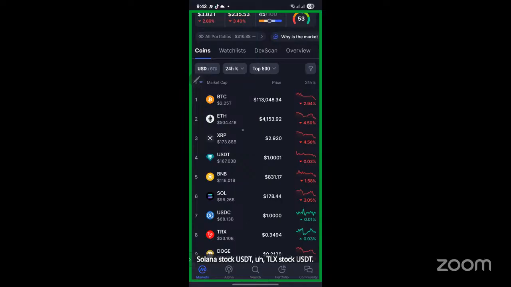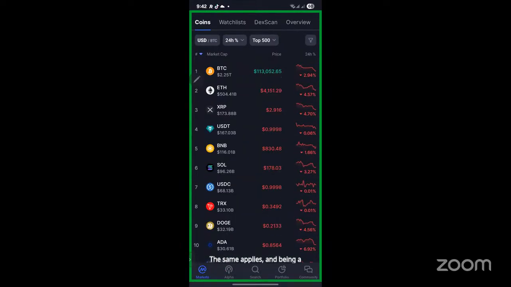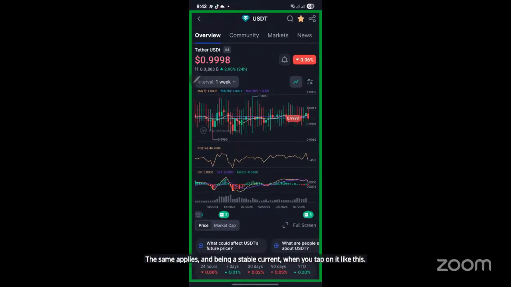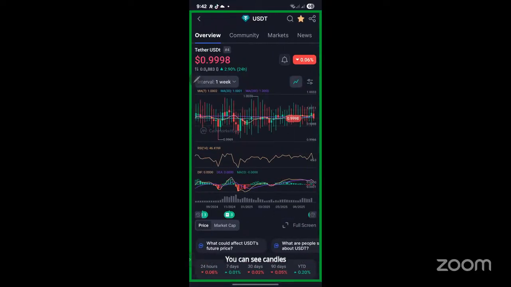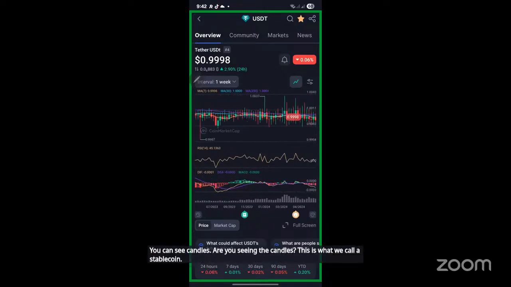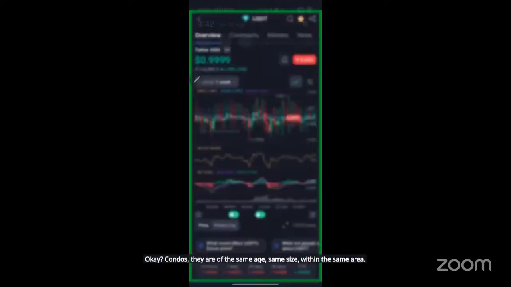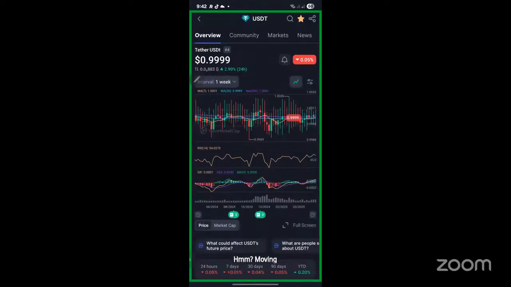So it means USDT is a stable currency. Being a stable currency, when you tap on it like this, you can see candles. Are you seeing the candles? This is what we call a stable coin. The candles are of the same size, moving within the same area.